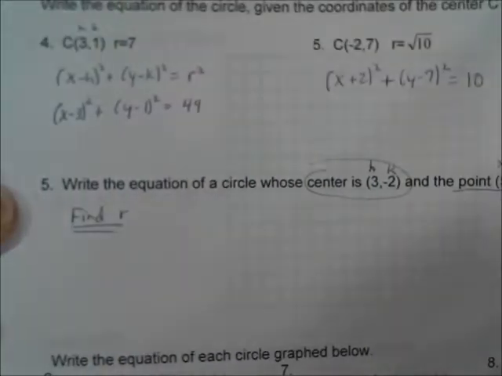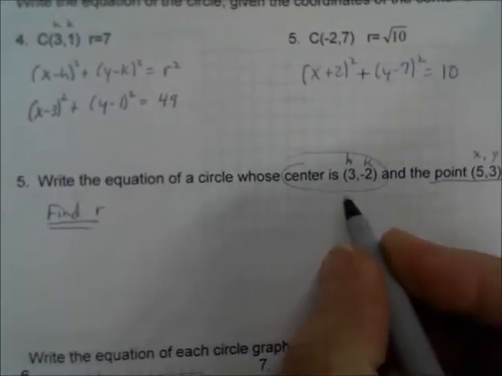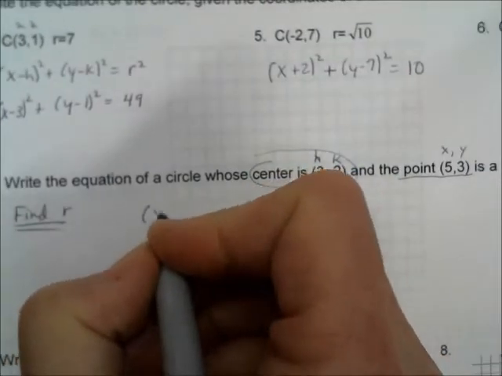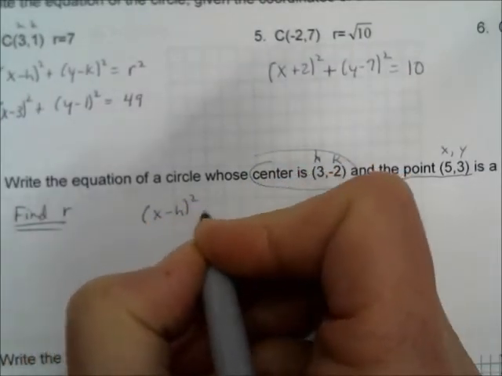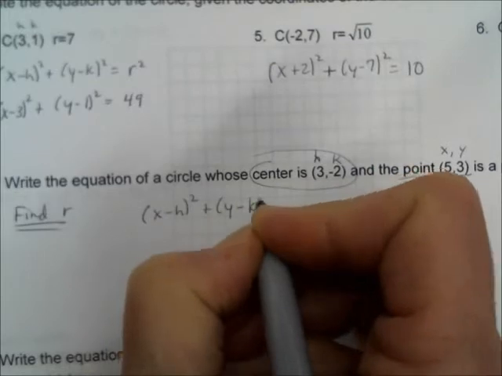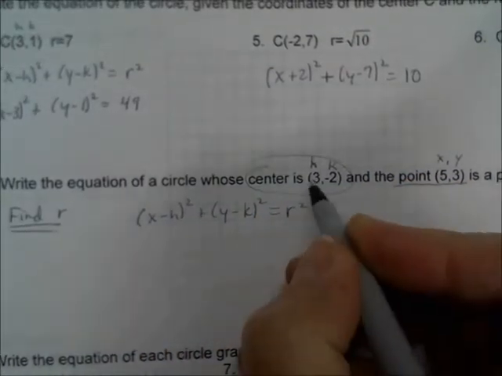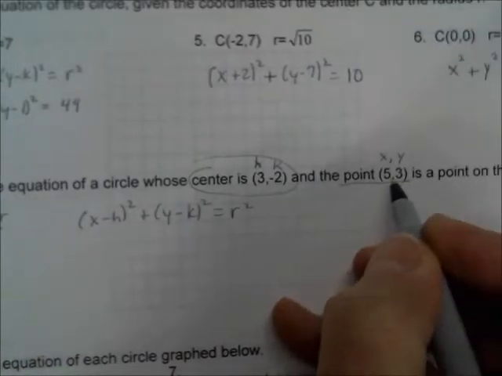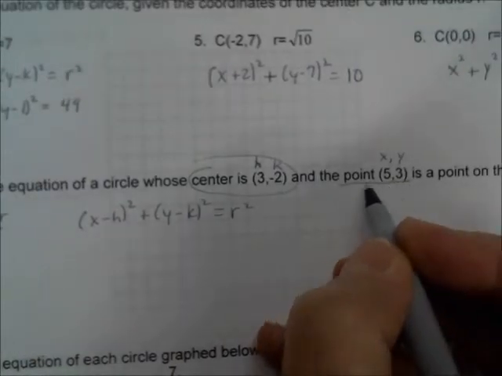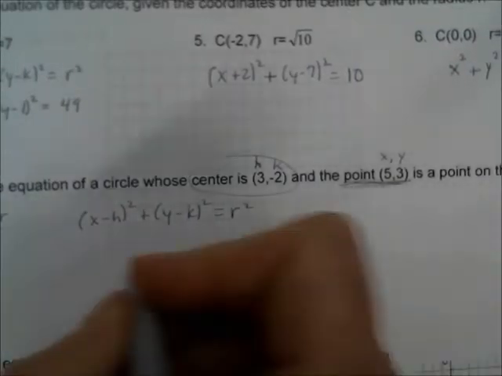We've got to do that. So we can set this up as our (x - h) squared plus (y - k) squared equals r squared. Now we know x and y are 5 and 3 because that's the point on the circle.